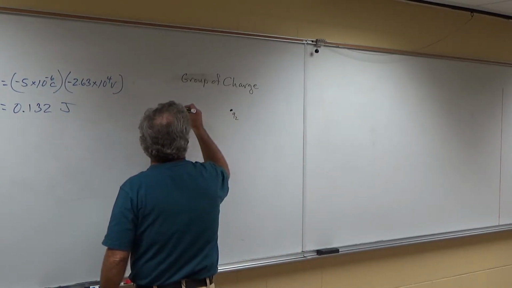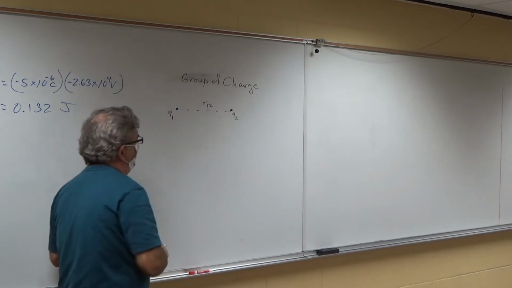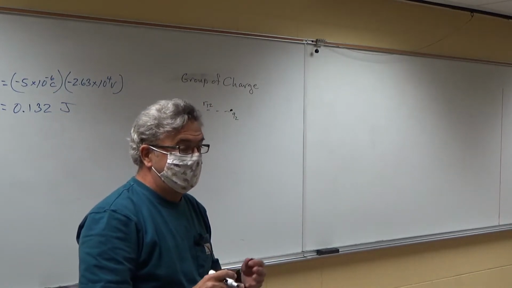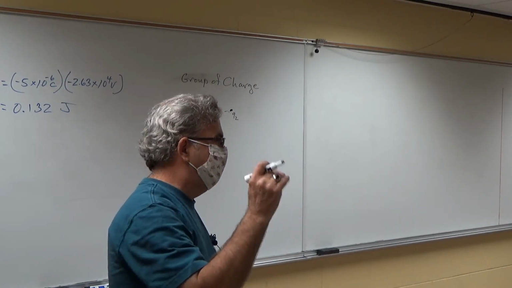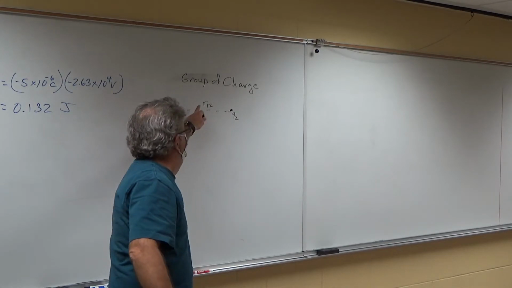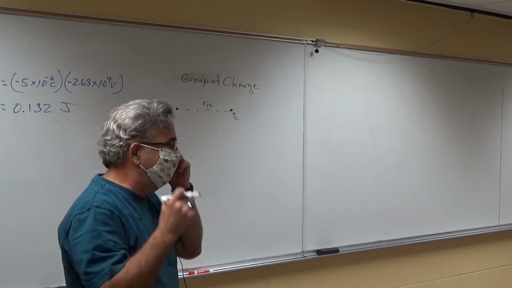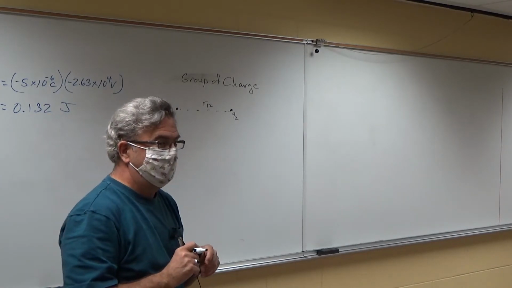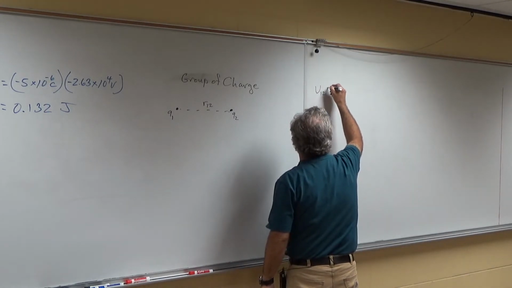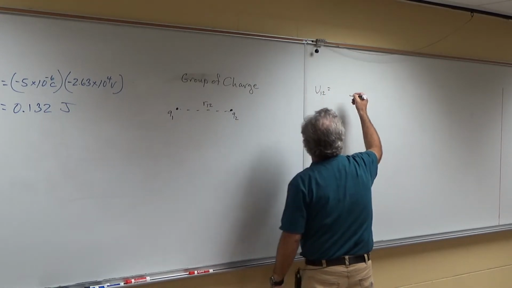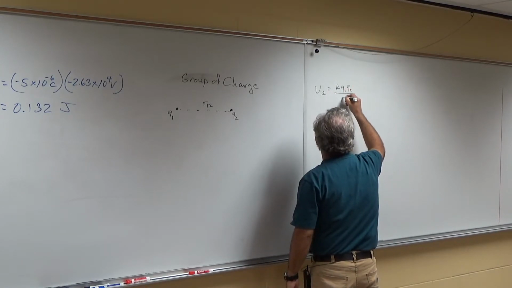Let this distance be R12. There are a couple of ways to think about it. We could actually do the calculation: the force through a distance, starting at infinity and ending at R12. I'm not going to do that. It's a fun calculation, but the result is that the energy in the collection of two charges is simply equal to K Q1 Q2 over R12.